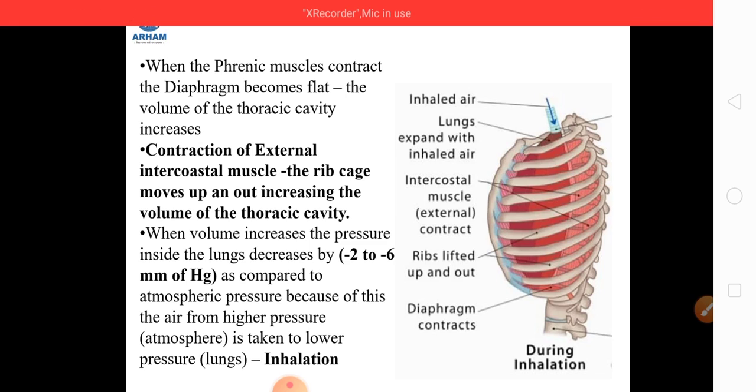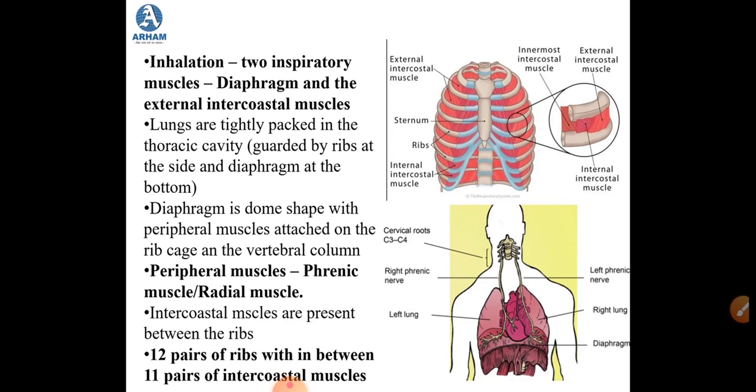The phrenic muscles contract, because of which the diaphragm which was dome shaped now becomes flat, and the intercostal muscles contract because the rib cage moves up and comes slightly out. This results in an increase in the volume of the thoracic cavity.